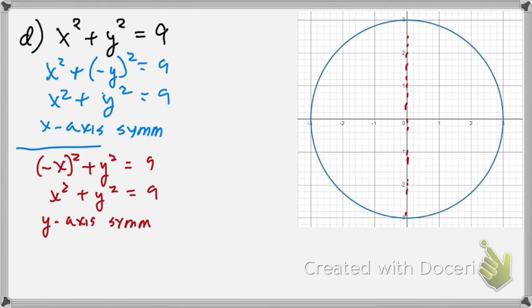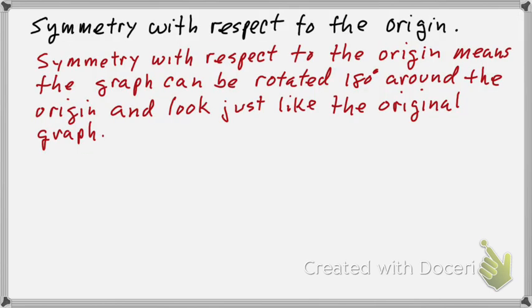And by the same token, if I took the x-axis as my fold line and folded along it, the top half will match exactly with the bottom half. All right. If you'll copy this down, please.